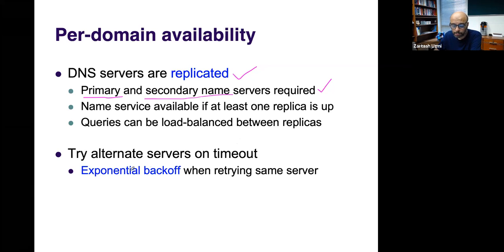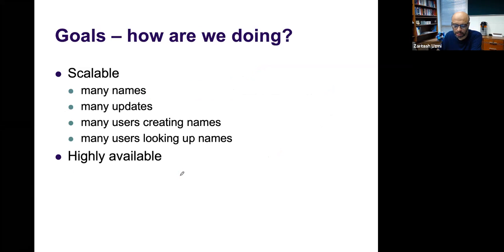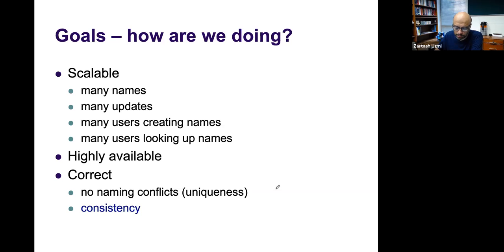You try the alternate servers on timeout, and if you time out, then you do what we call exponential backoff, which means that you double the time before you send the request again. We also don't want any kind of naming conflicts, so consistency is maintained by the DNS server.